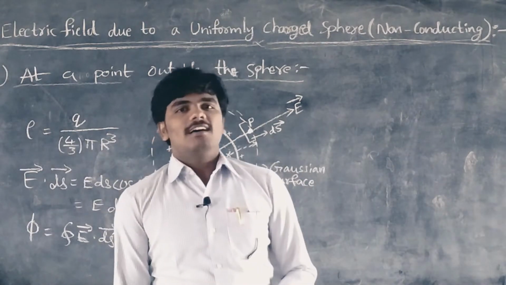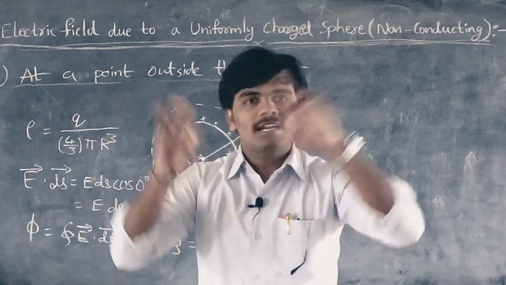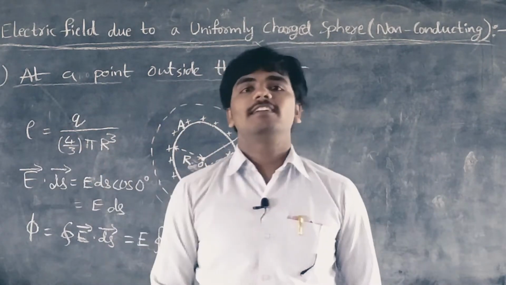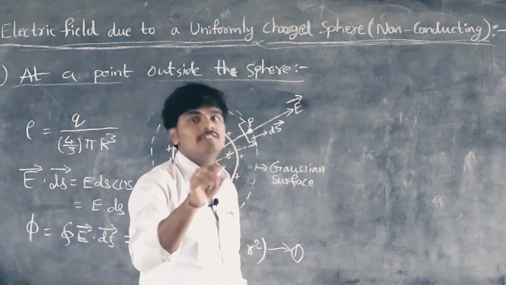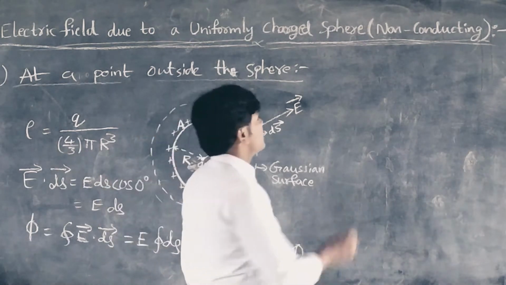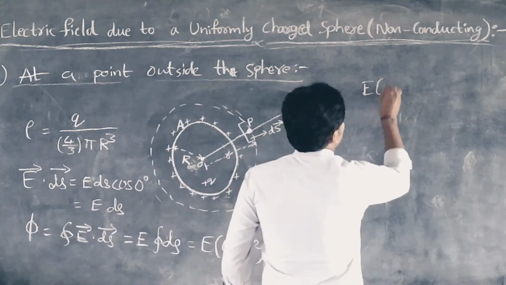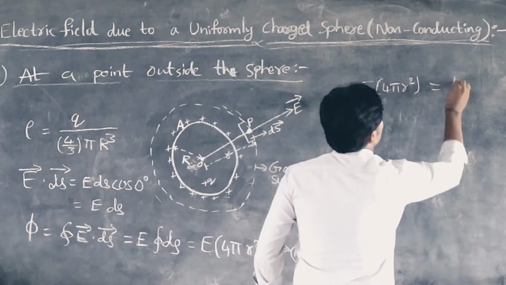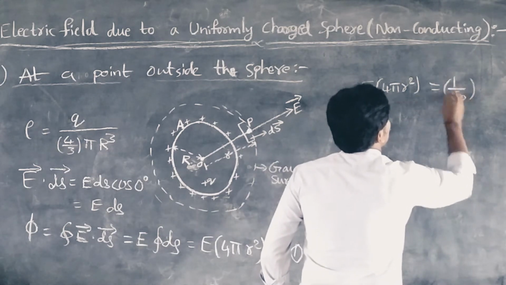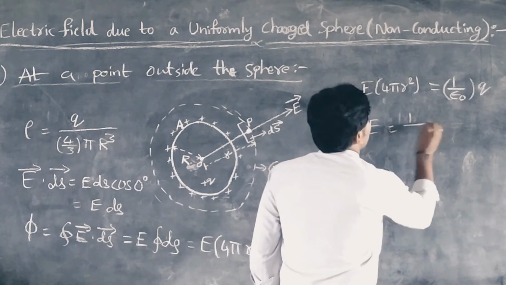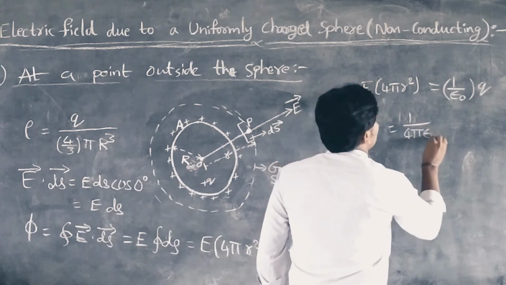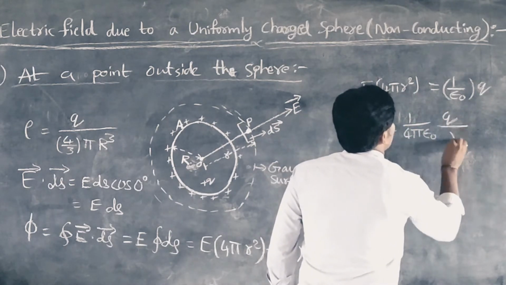According to Gauss law, the electric flux phi over a closed surface in an electric field is 1 by epsilon naught times the total charge q enclosed within the surface. Thus, we can write E 4 pi r square is equal to 1 by epsilon naught q. Now we can write E is equal to 1 by 4 pi epsilon naught q by r square.